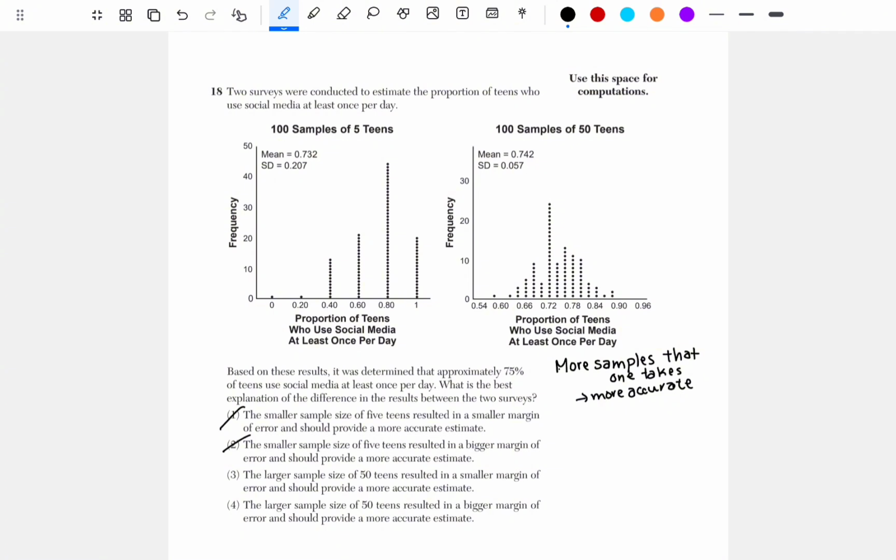So these two choices, we're testing between whether it's going to be a smaller margin of error or a bigger margin of error. If we look at our graph, we see how everything is so small. And so the spacing between everything is so small, so we have a small margin of error.